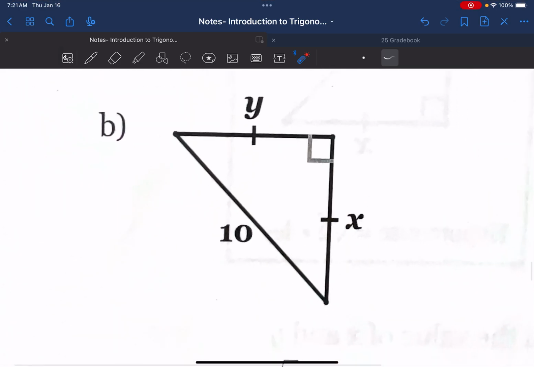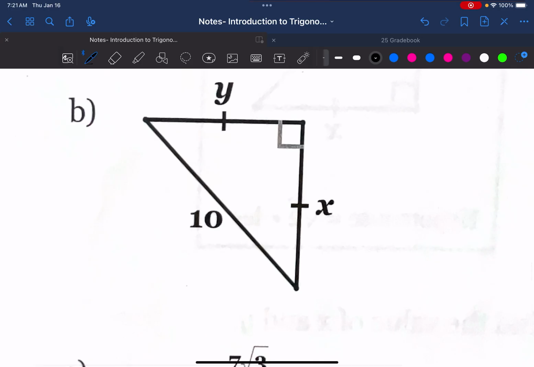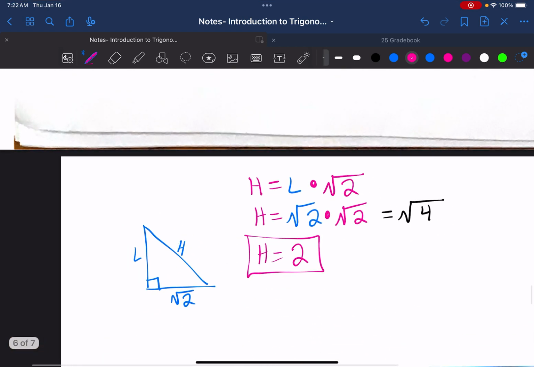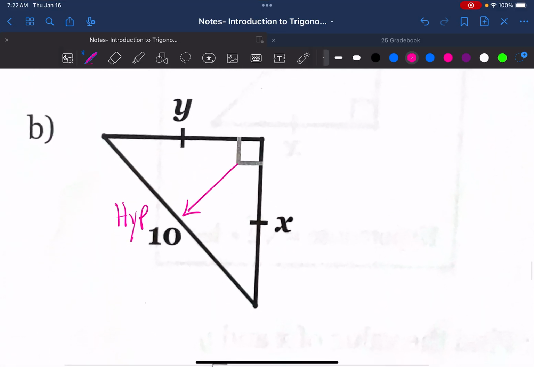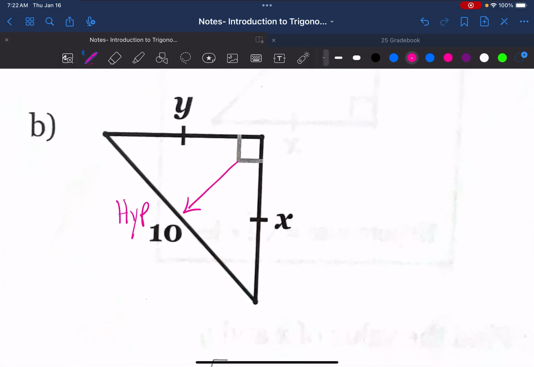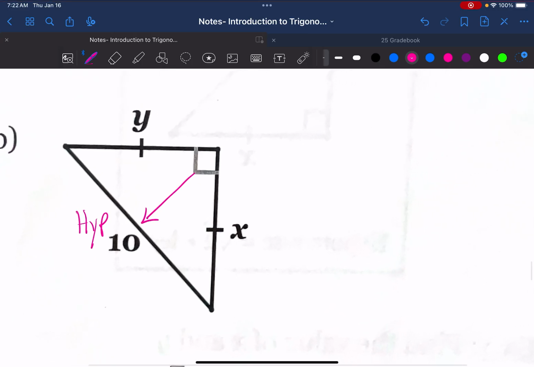Now we can go to this example. Let's look here. This time my 10 is my hypotenuse. See, this is a whole number, just like my example where my hypotenuse was 2, not just a square root symbol at the end. I am doing it differently because now I'm going to be solving for my legs.